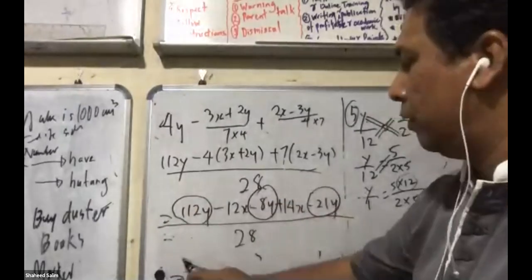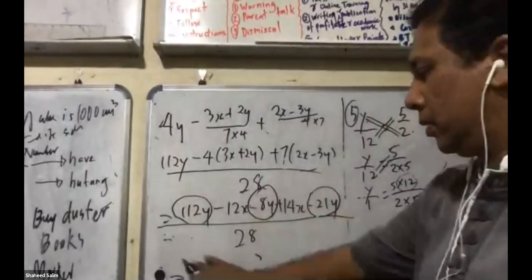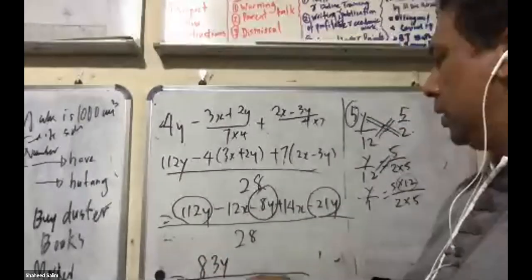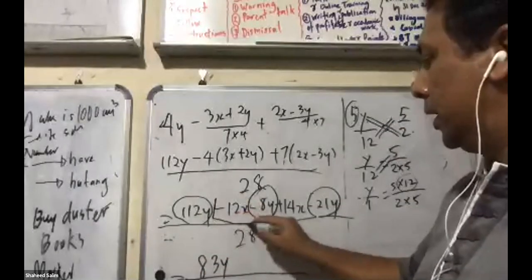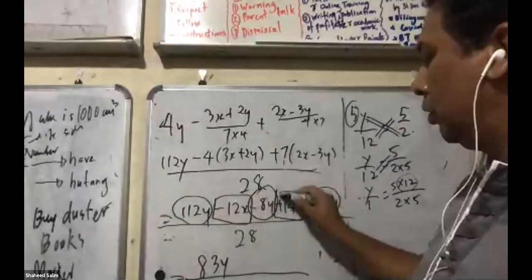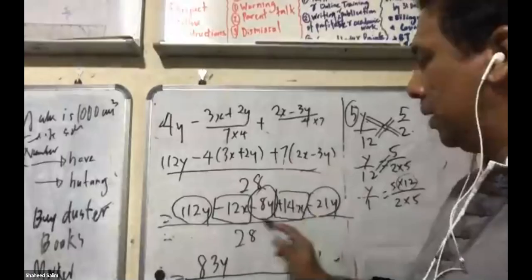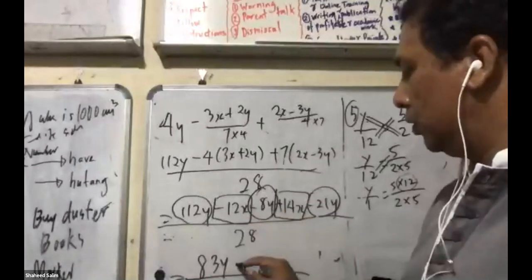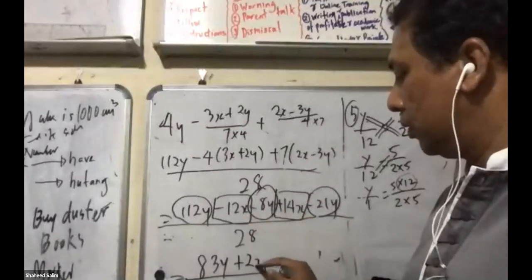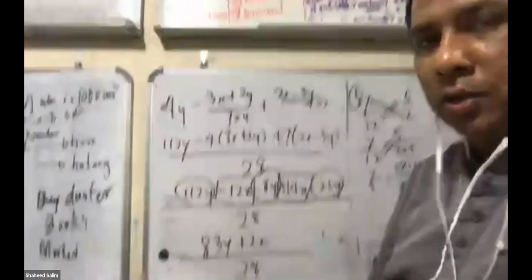What is it? 112 minus 8 minus 21. The answer is 83. So 83y. Then over here, you owe $12. You have $14. So 14 minus 12, you still have $2.